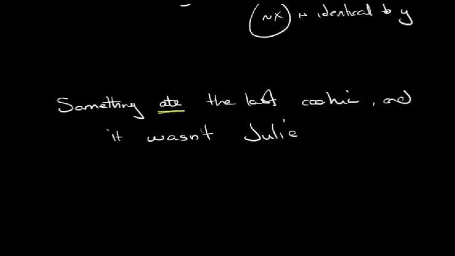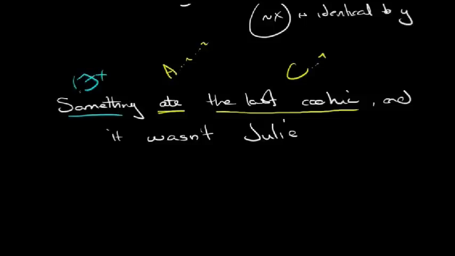Okay, so again, let's just go through. We've got ate, so we'll give that a two-place predicate, A: one thing ate another. The last cookie, maybe we'll just call that a single predicate, being the last cookie. That's just a one-place predicate. We've got this quantifier, something, so we know that we're going to be using the existential quantifier, and we've got Julie, so we'll use a lowercase j to represent Julie.